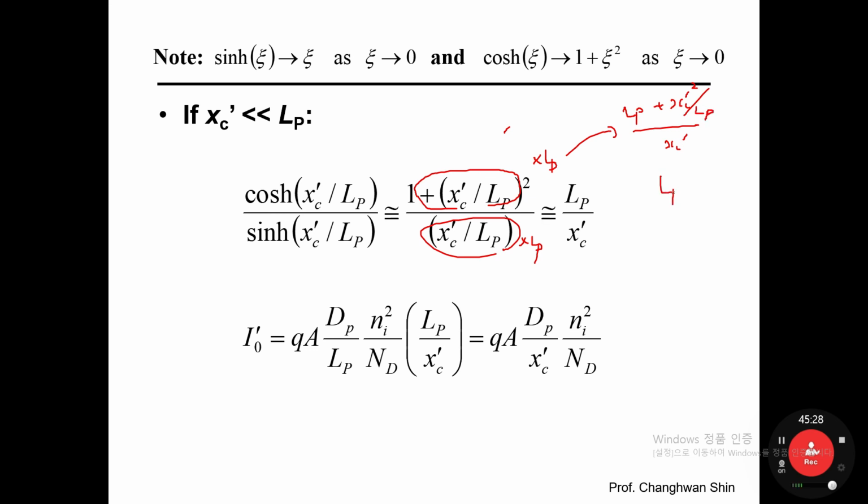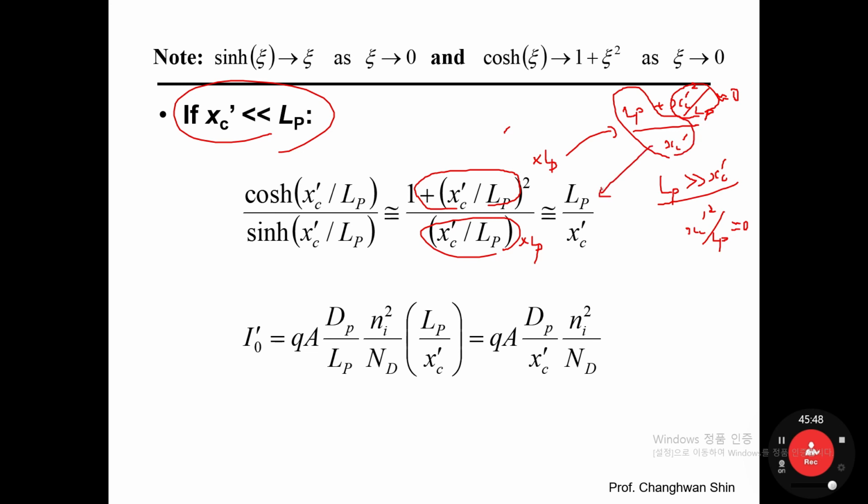And now Lp is much longer than Xc prime, this condition is still valid. So Xc prime squared divided by Lp should be 0, I mean this value should be very small. So Lp over Xc prime is left.